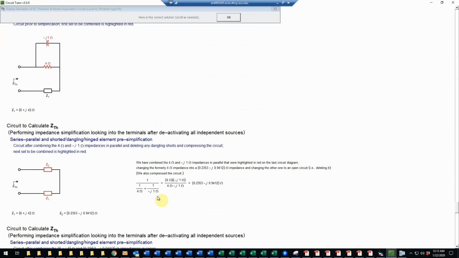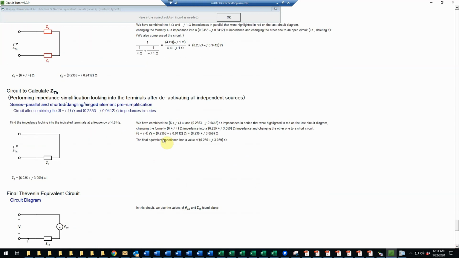And that would require use of the reciprocal formula, 1 divided by the sum of the reciprocals of each of the impedances. And computing that, as we did in the other source transformations, we'd get this value. And then those two impedances now have to be added, and that would yield the same value that we got from the source transformation method. So that's kind of a check on that.